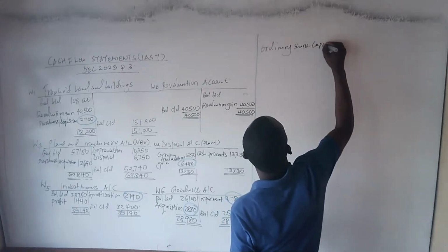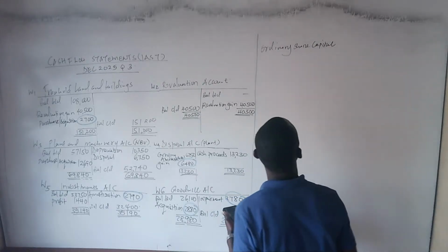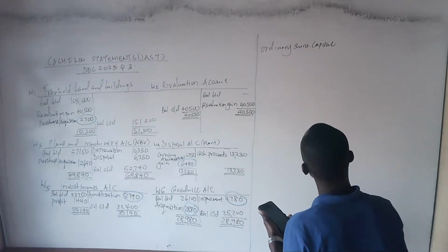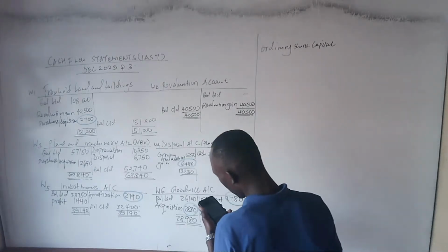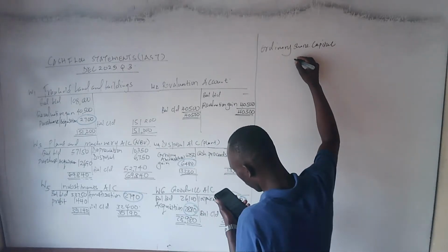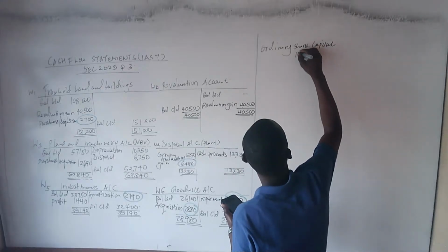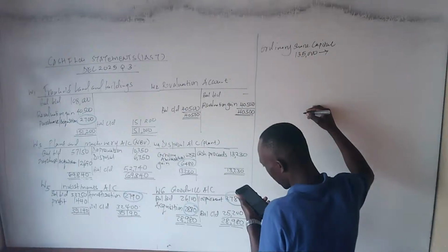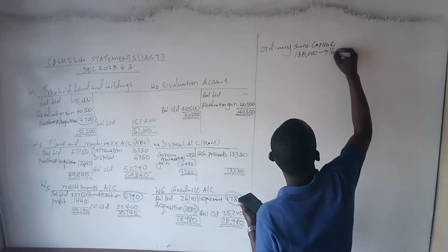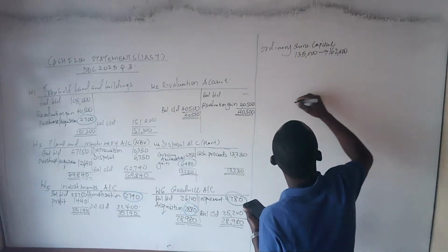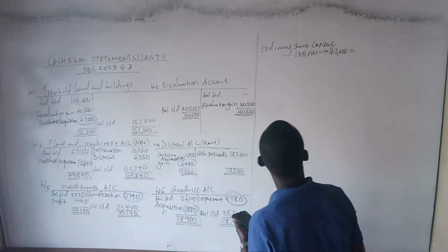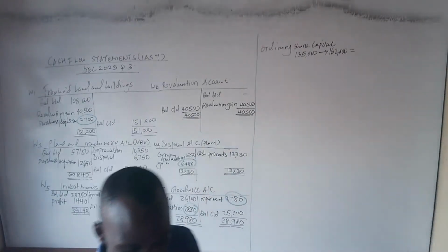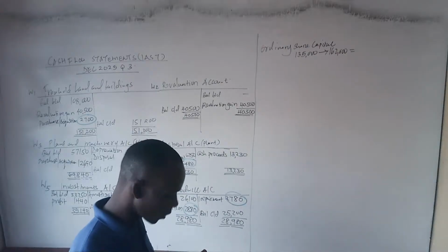We are given ordinary share capital, and at the beginning we are told it was 135,000. Then at the end we are given 162,000, meaning we have issued more shares. Let us see the difference.